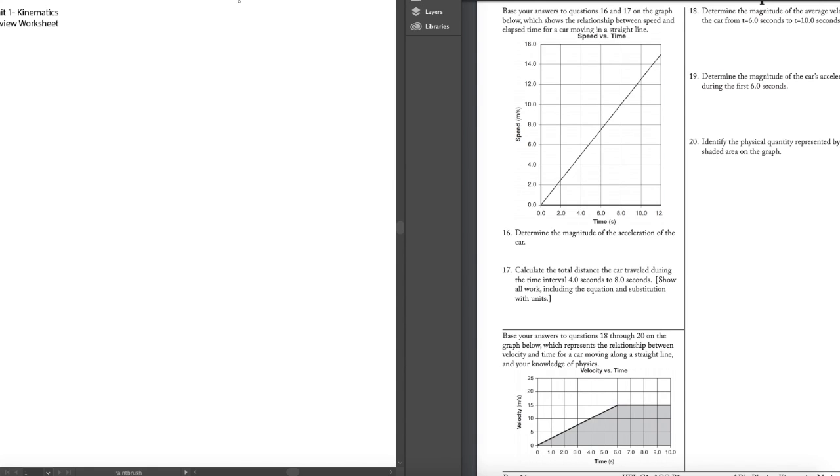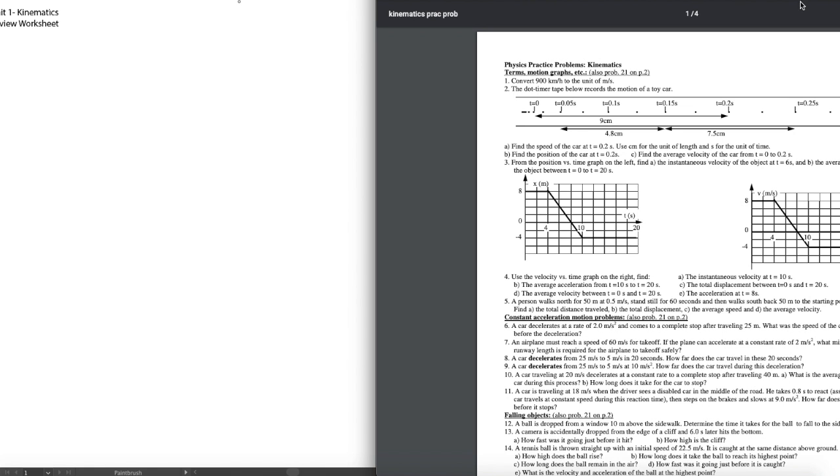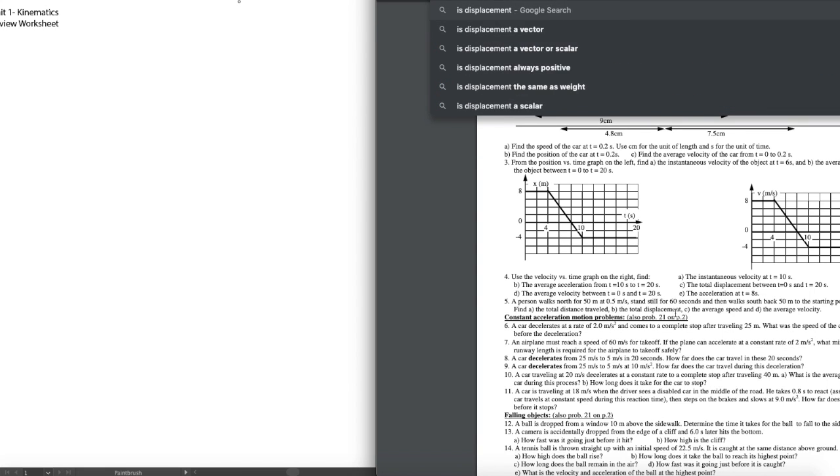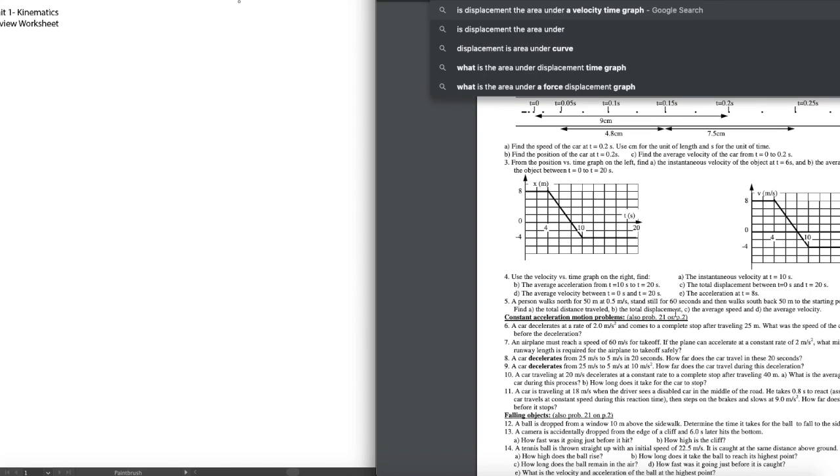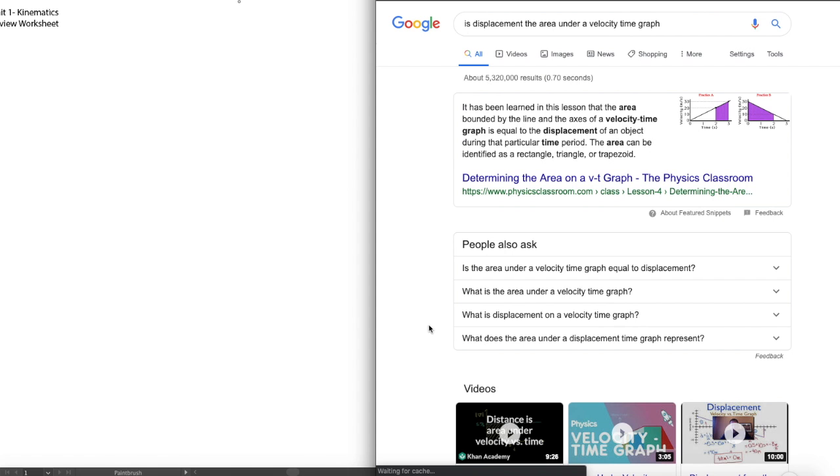Let's search it up. Oh, also, guys, I was going to do this one, but there are actually worked out solutions at the bottom. The area bounded by the line and the axes of a velocity-time graph is equal to the displacement. Yes, perfect, guys. We're doing great.